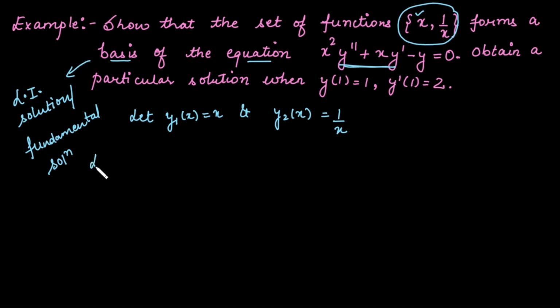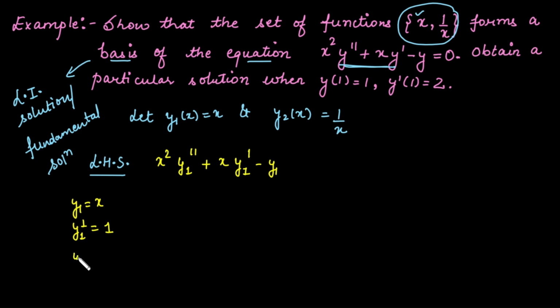So let's take the left hand side for the first case. We will write it as x square y1 second order derivative plus x y1 first order derivative minus y1. So we need to calculate the derivatives. y1 is x, so the first derivative of y1 is equal to 1. Now its second derivative, the derivative of 1, is 0.